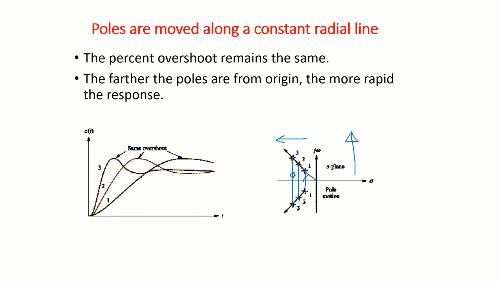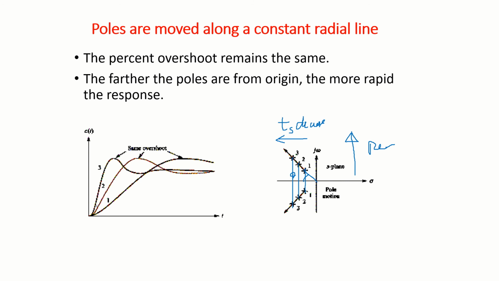If I move this way it should increase, means settling time should decrease. Settling time should decrease. If I move like this, peak overshoot should decrease.